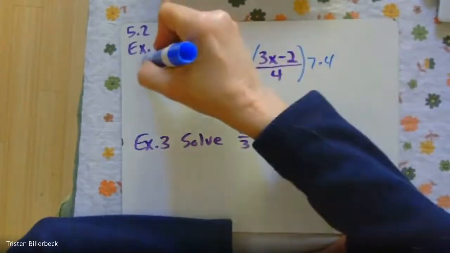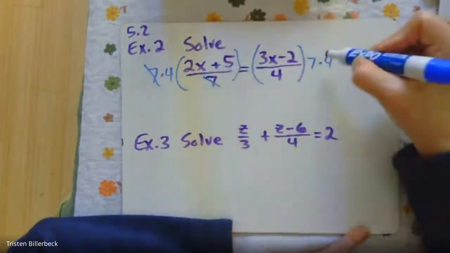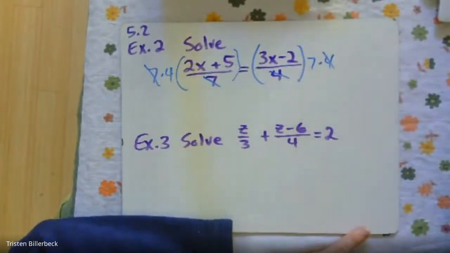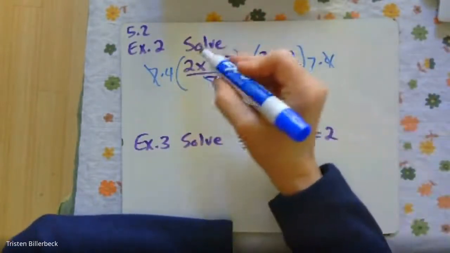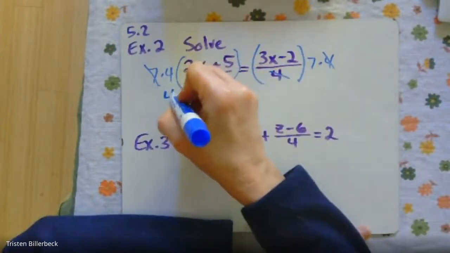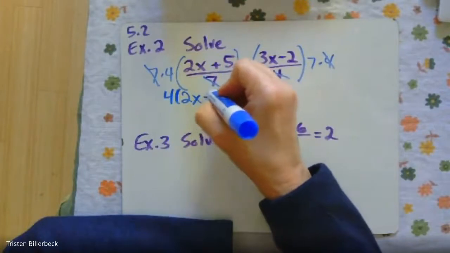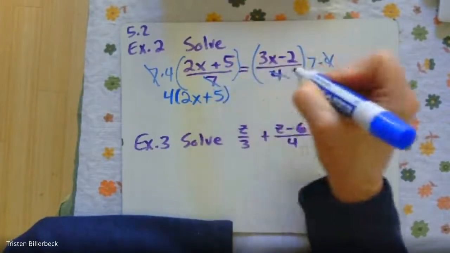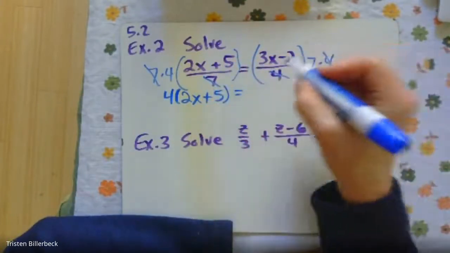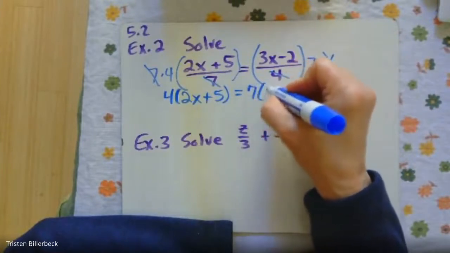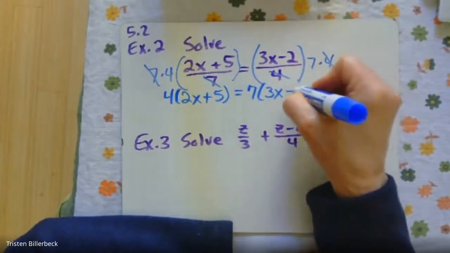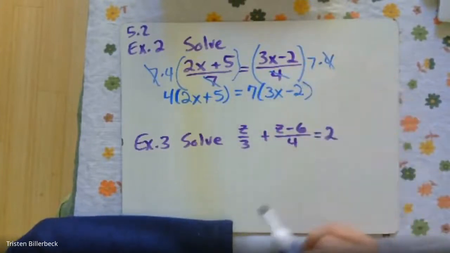So when we do 7 times 4, that ends up canceling like that. So now we have 4 times 2x plus 5 equals 7 times 3x minus 2.